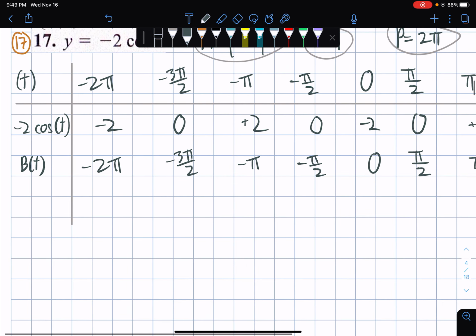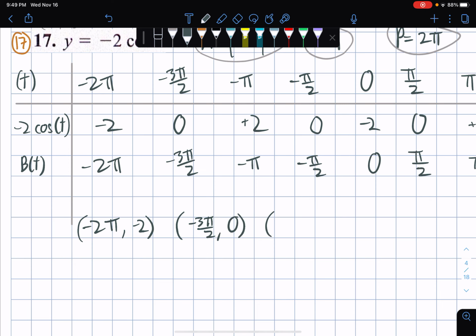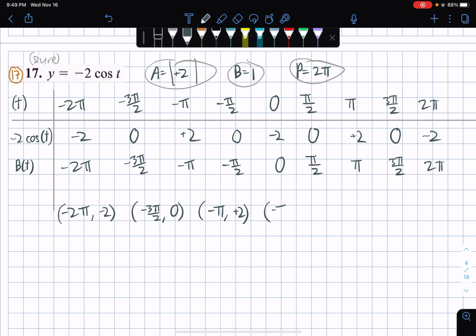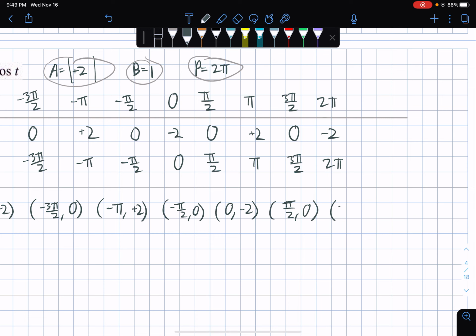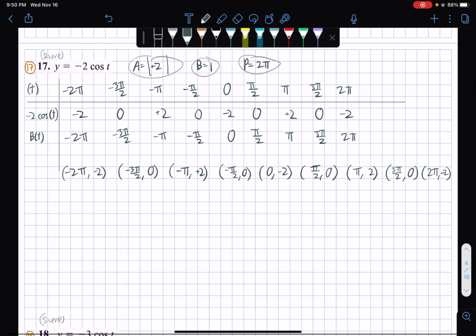So let's make the coordinates now. Alright, now let's graph.